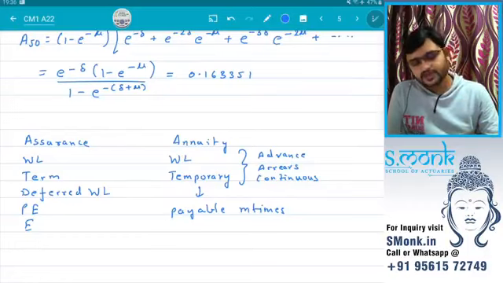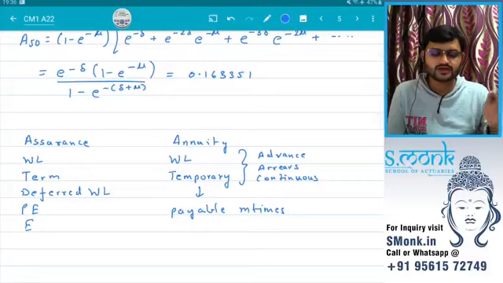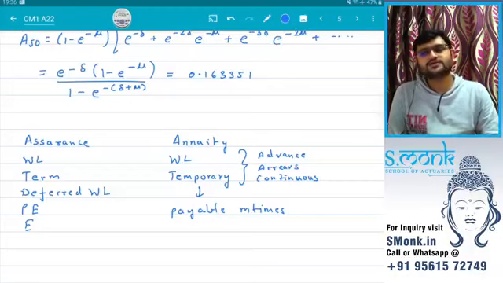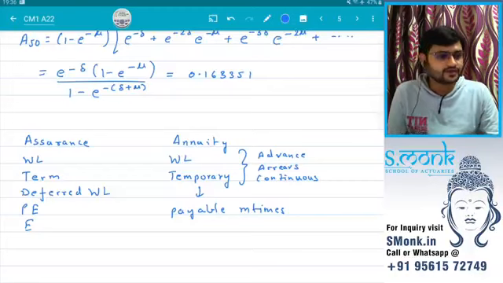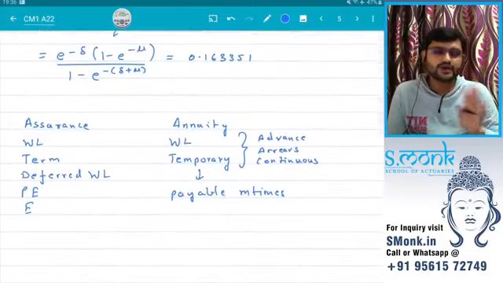You can also say deferred, but deferred I do not consider as a separate annuity. I always say deferred annuity. This is part of temporary, right? Because temporary is whole life minus deferred. Okay, so I don't count it as a separate annuity.